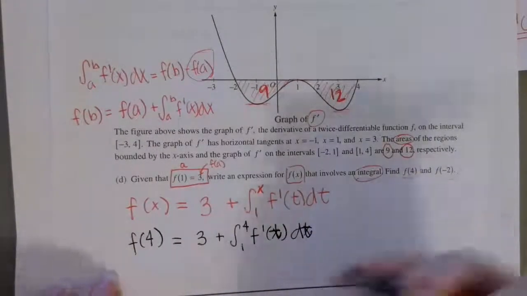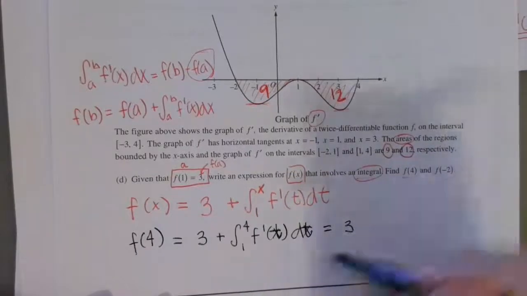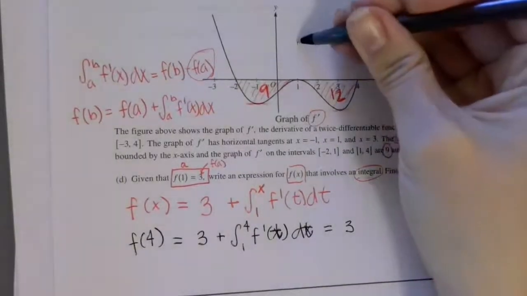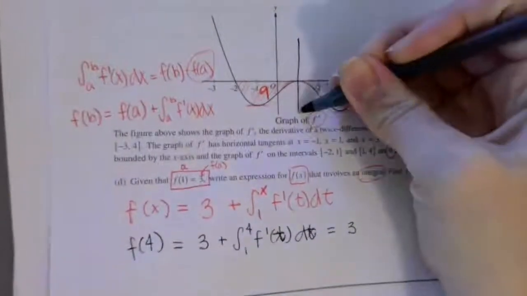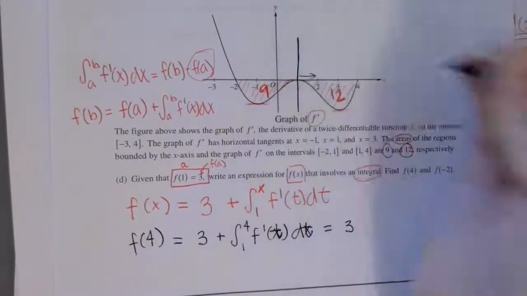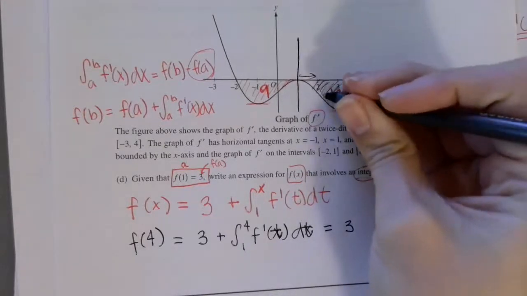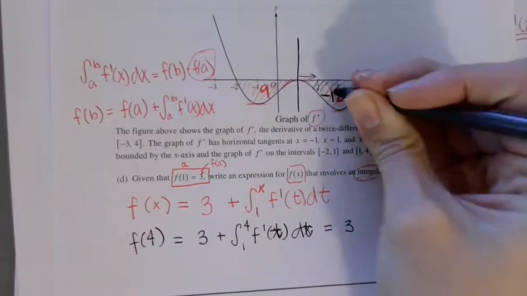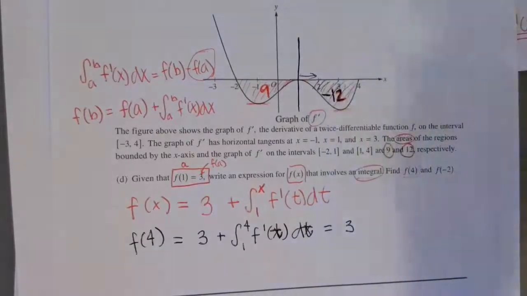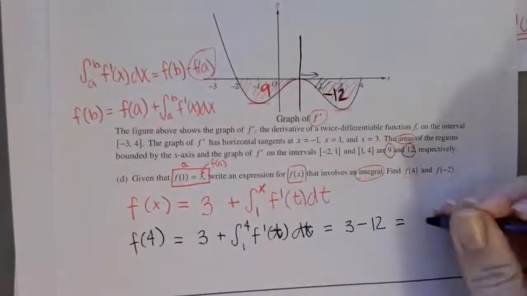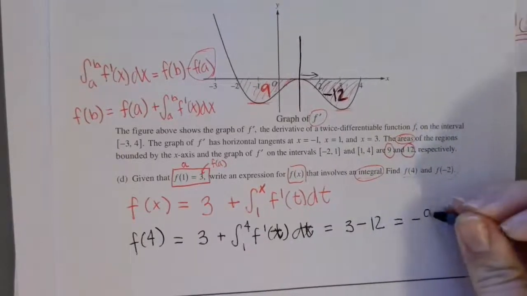So what I've got here is 3 plus the integral from 1 to 4. Well, the integral is an area. I'm starting at 1 and I'm going to the right. But this is below the x-axis, so that's going to be a negative area. This is -12 here. This is going to be 3 minus 12, and my answer is -9.